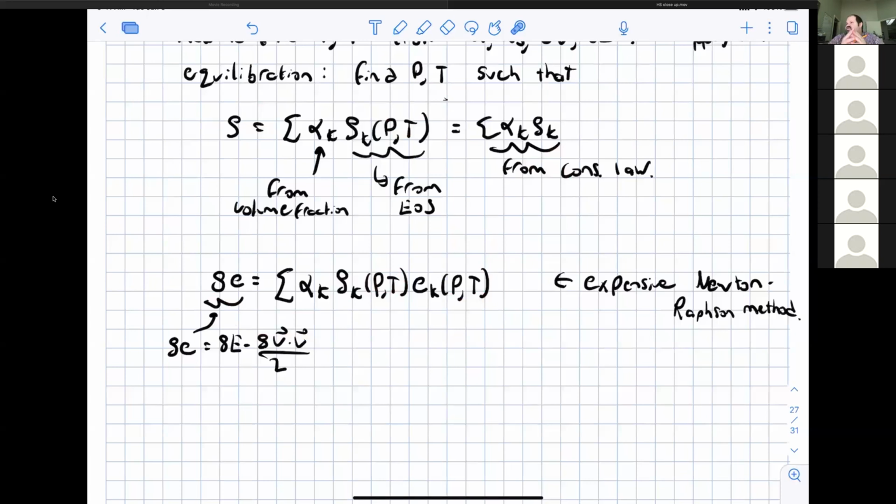Say your equation of state is for a solid. Solids admit negative pressure if it's in tension.